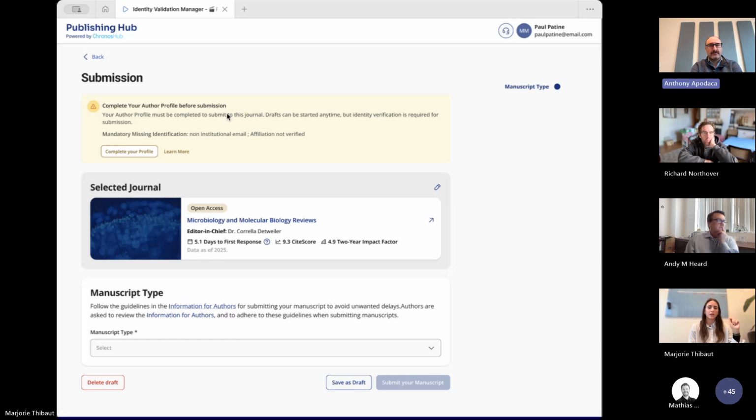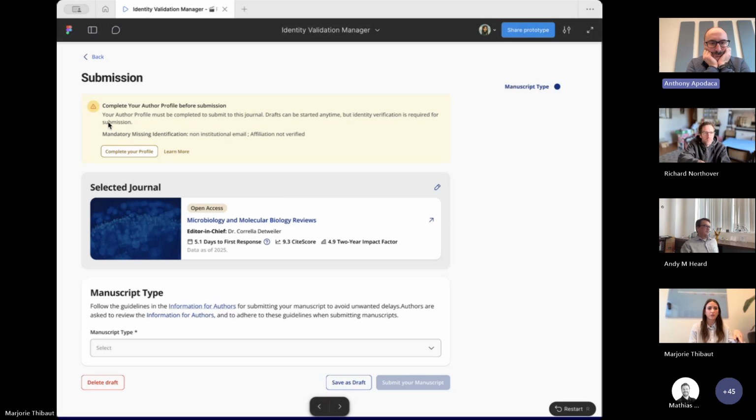So transparency, clear information. Your author profile must be completed to submit this to the journal. Draft can be started anytime, but identity verification is required for your submission. And then we also add what is mandatory and what information is missing. So an institutional email and the affiliation is not verified.